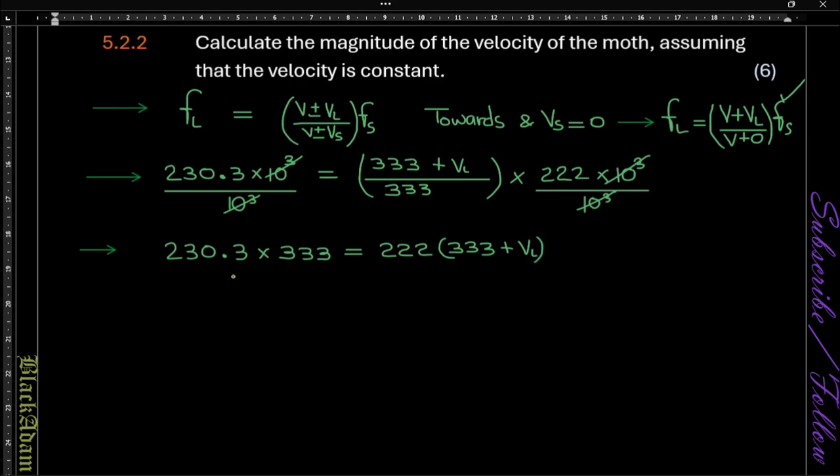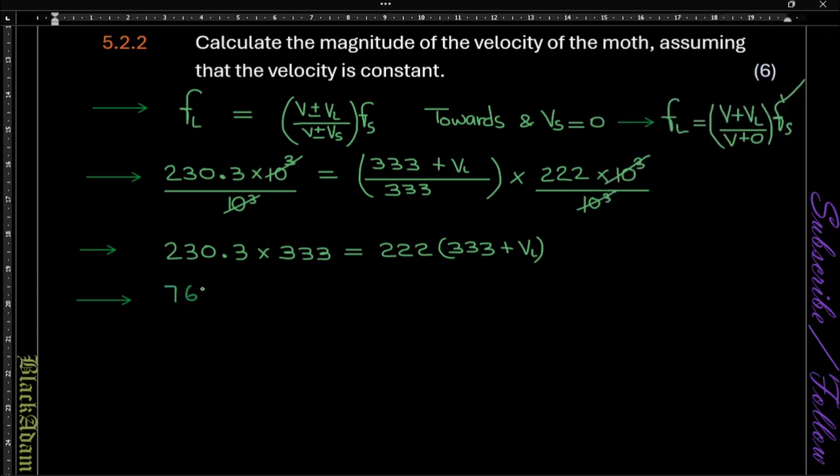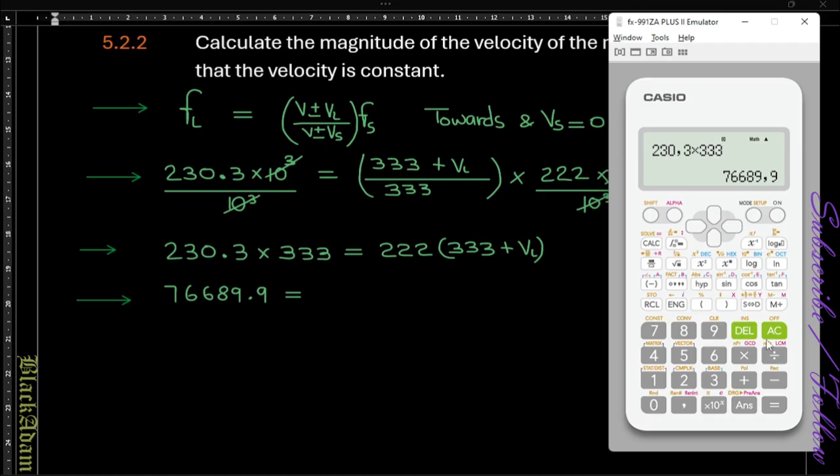So you just simplify the given equation. Using the calculator, 230.3 multiplied by 333 gives 76689.9, which equals 222 multiplied by 333 plus vL.